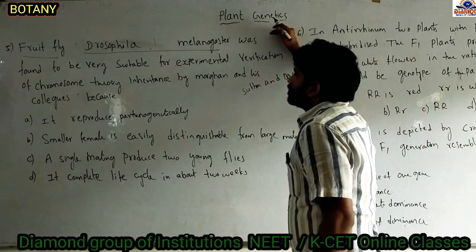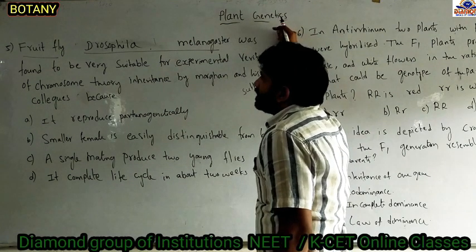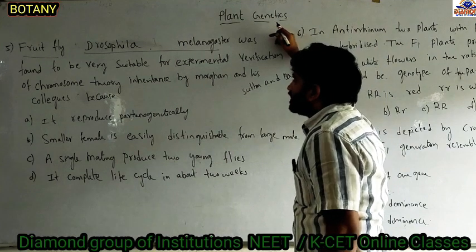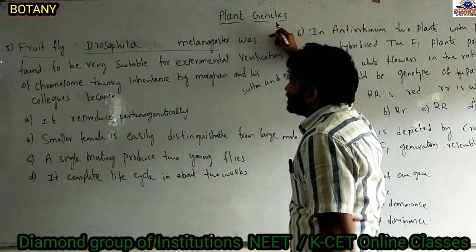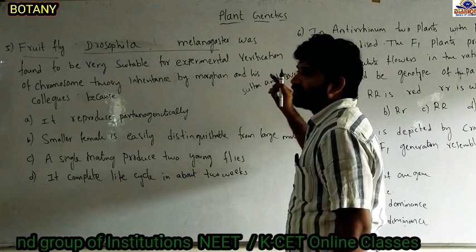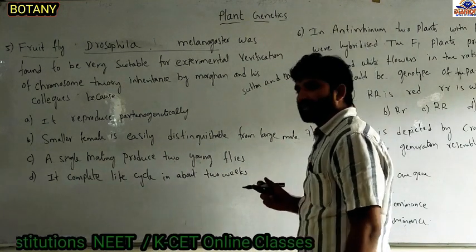So, Drosophila melanogaster is a suitable example for the chromosomal theory of inheritance and also for linkage and recombination. It was selected for these two experiments.